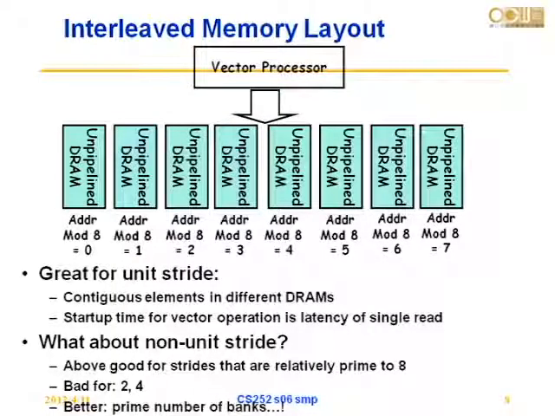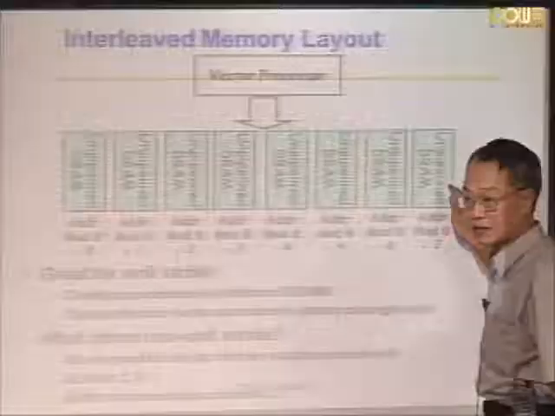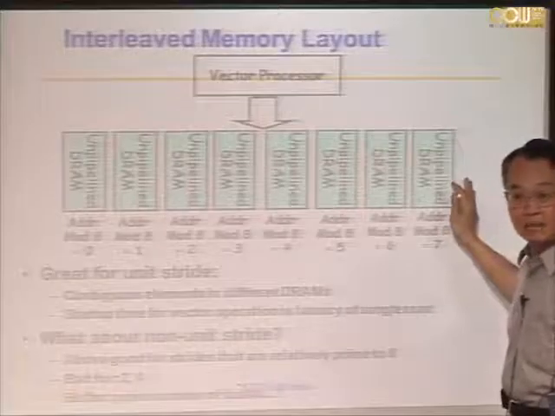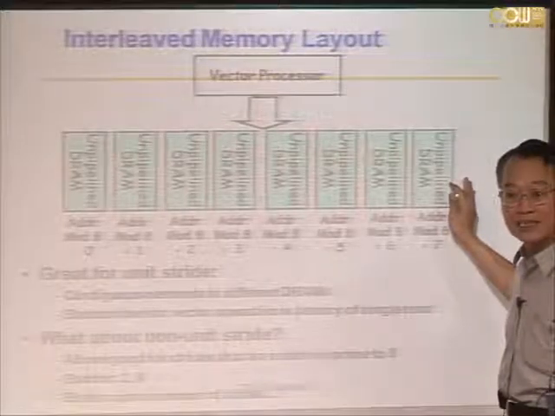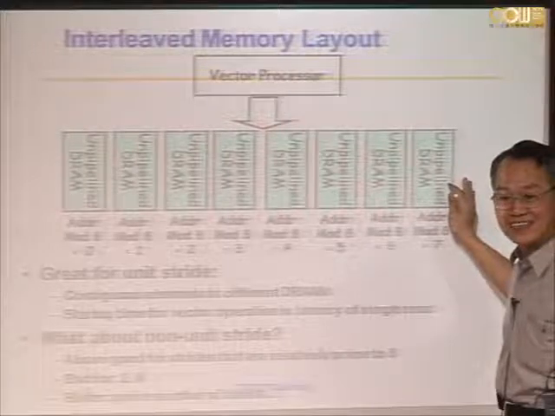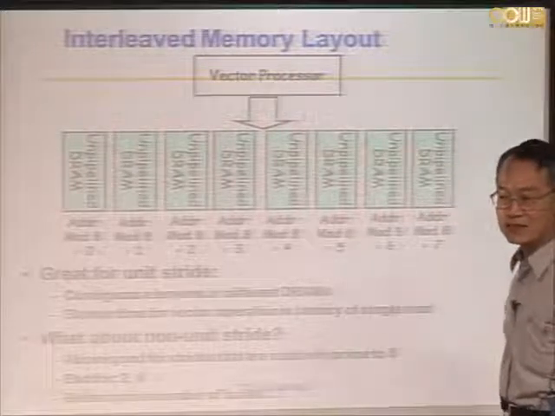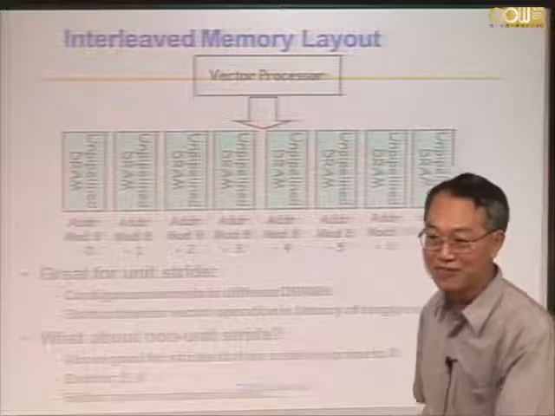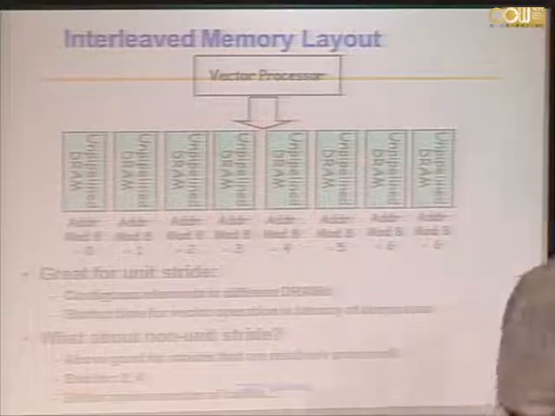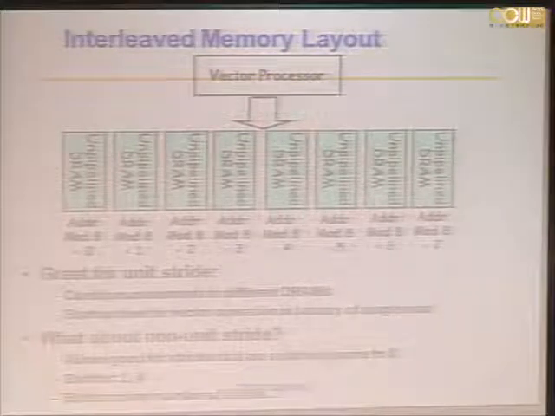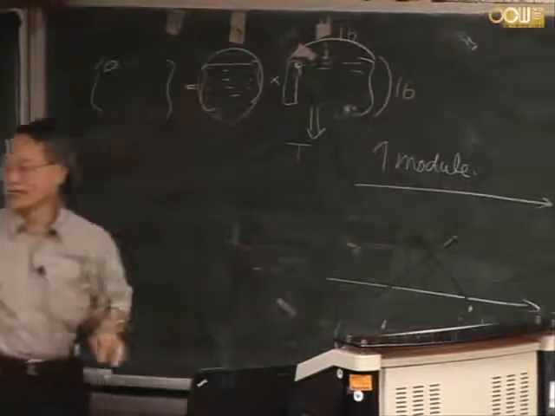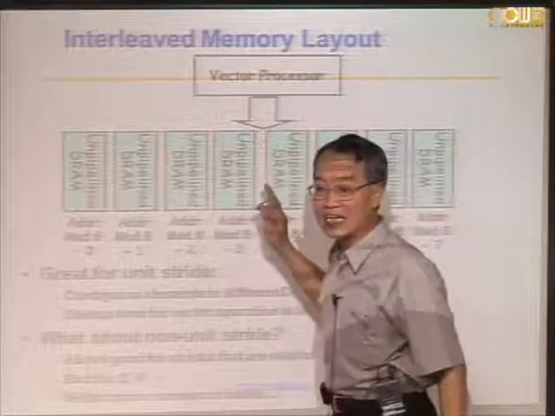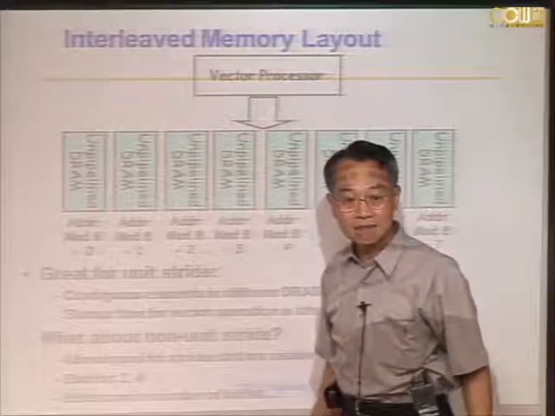And memory design. It can be interleaved into 8 modules. Is 8 a good number? Tell me if 8 is a good number. Depends on what? Don't try to fool me. So if this matrix is 16 by 16, tell me, is interleaving memory into 8 modules good or bad?